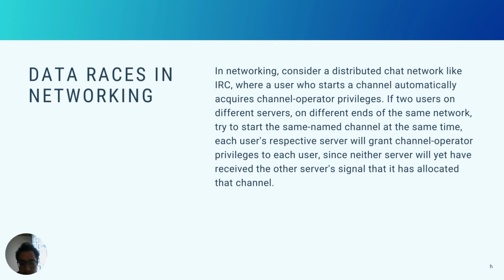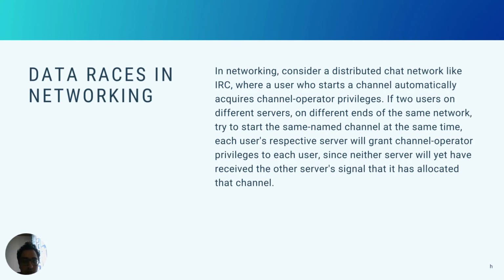In this case, heading off race conditions by imposing a form of control over access to the shared resources, say appointing one server to control who holds what privileges, would mean turning the distributed network into a centralized one. A race condition can also exist when a computer program is written with non-blocking sockets, in which case the performance of the program can be dependent on the speed of the network line.